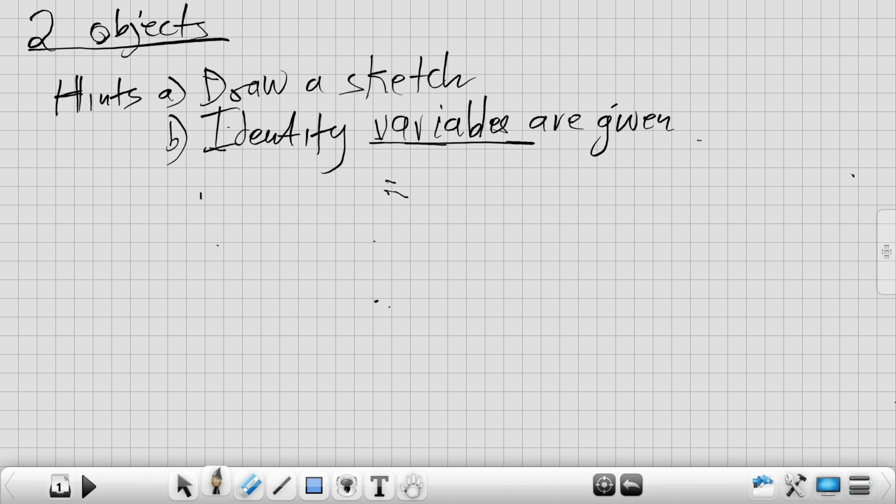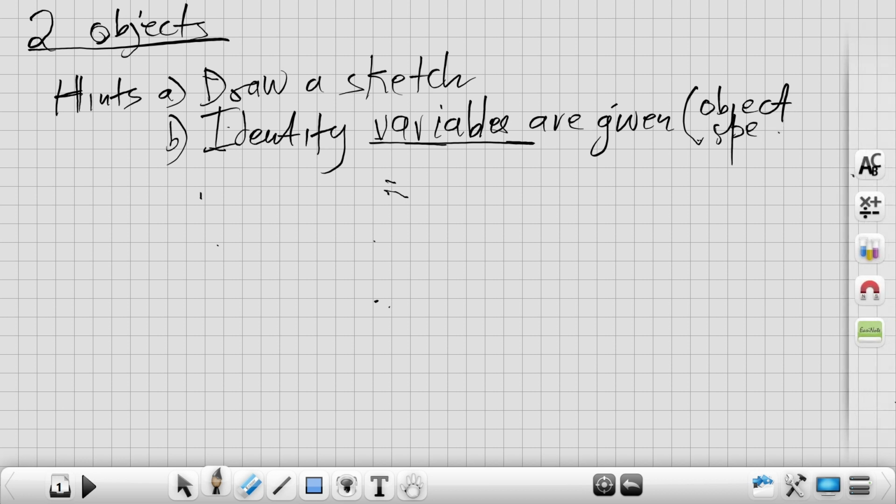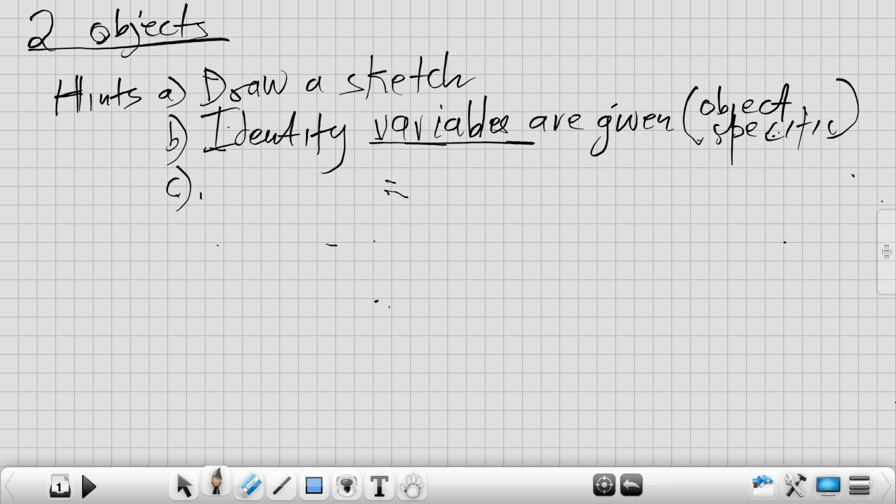So this one will now be object specific, so it will be best if we explain exactly which object we are working with. It will be information for object A and information for object B. But we also need to have a relationship between the two.